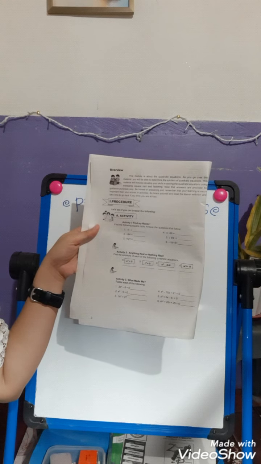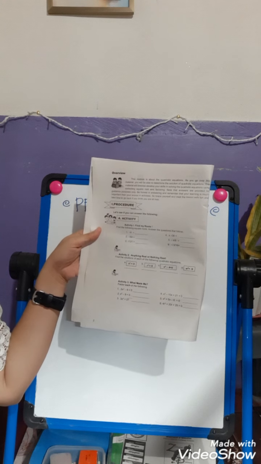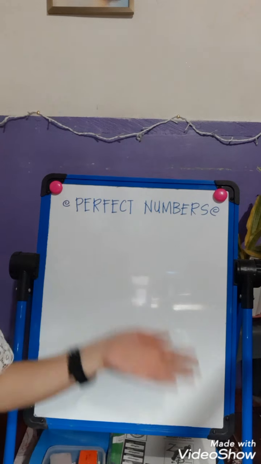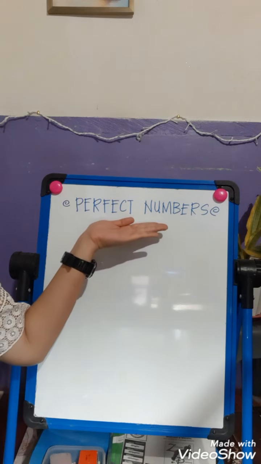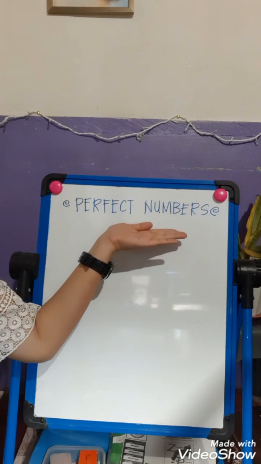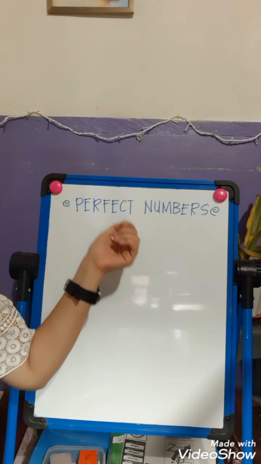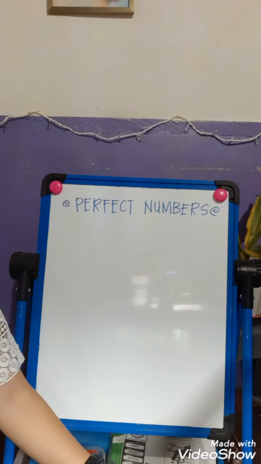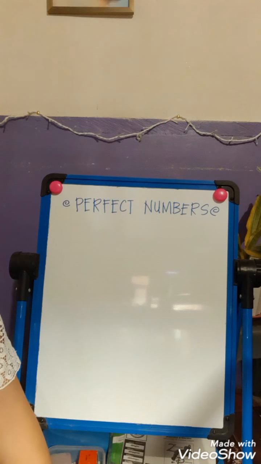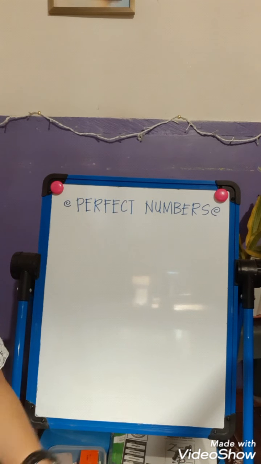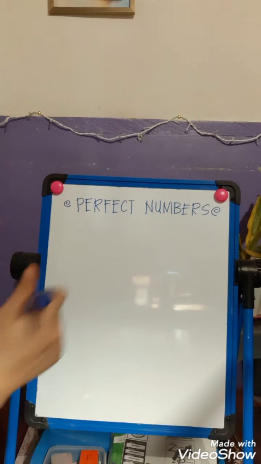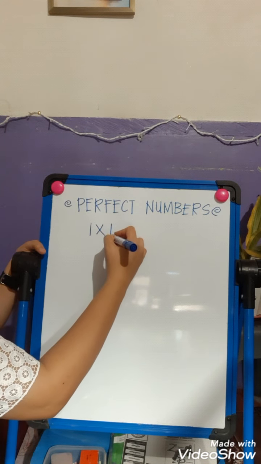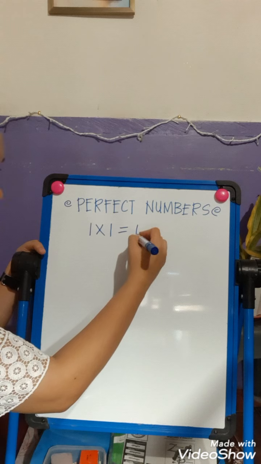So before we start, guys, on page 2, let us first revisit what the perfect numbers are. This knowledge is very crucial so you can easily answer the square root later on. Suppose you multiply 1 by itself, that will give you 1.